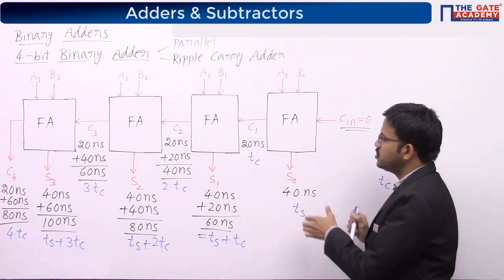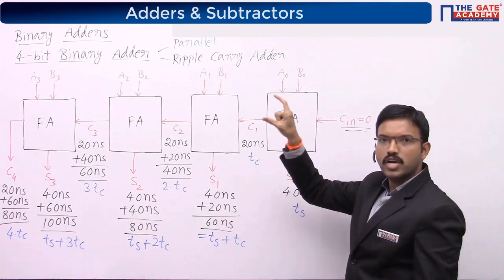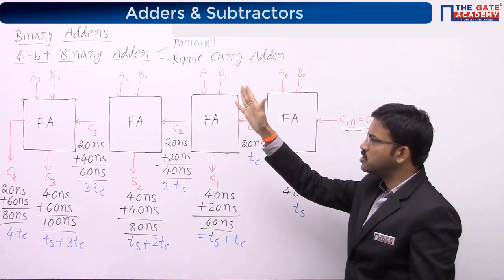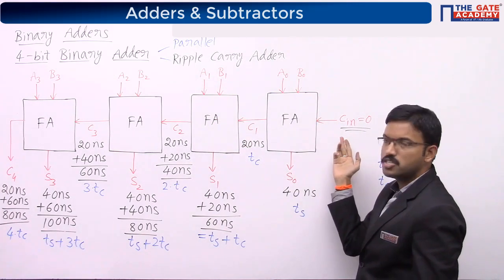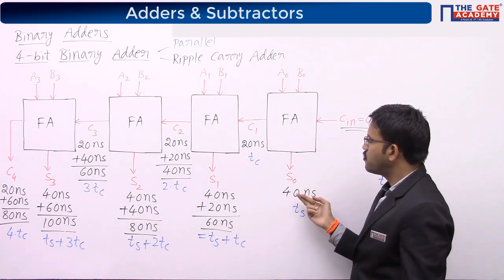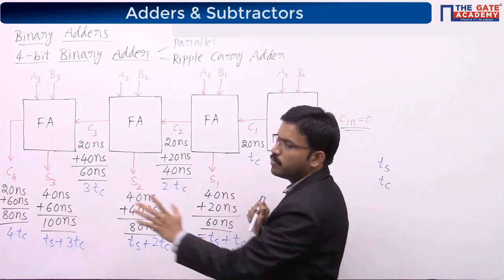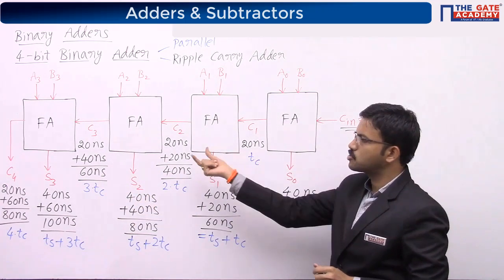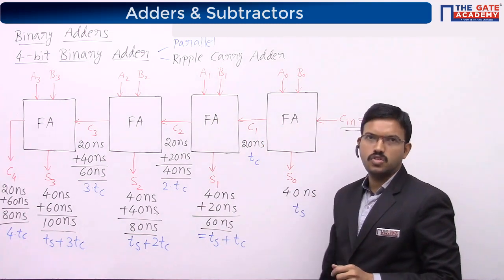So for producing, just go through the previous circuit. For a full adder, you have two exclusive OR gates. From the input side, you have A, B inputs and carry input. The moment carry input is 0, each full adder becomes a half adder only. So whatever time is required for producing sum, the same amount of time will be there. Similarly for carry also. In the best case, for each full adder, carry input is 0 only.